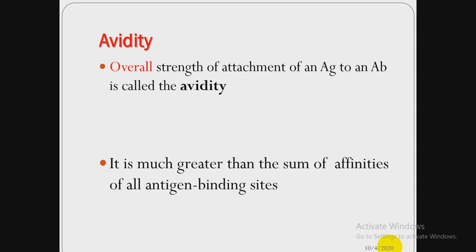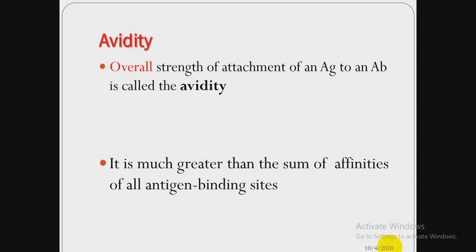The second definition is avidity. You know that in many instances we have dimer or pentamer antibodies, and also we know that in monomers of antibodies we have two antigen binding sites.